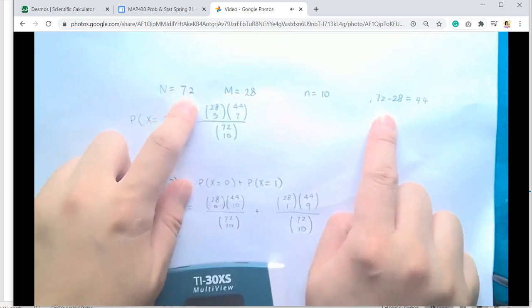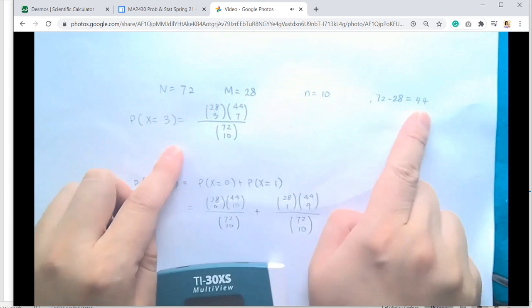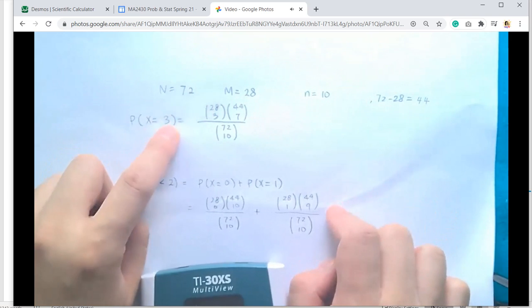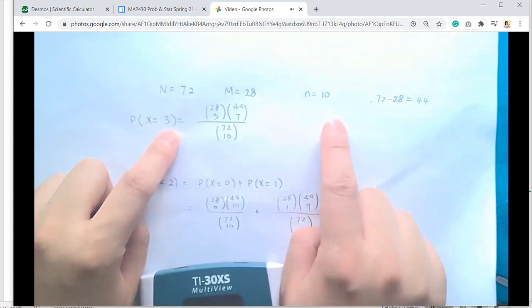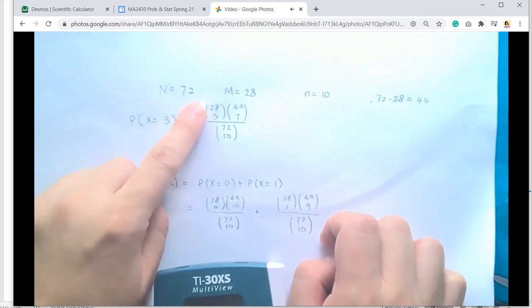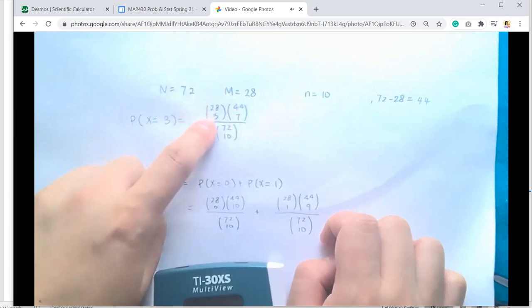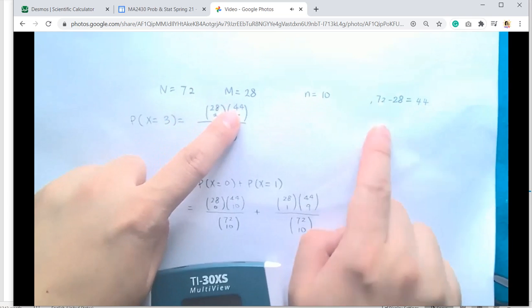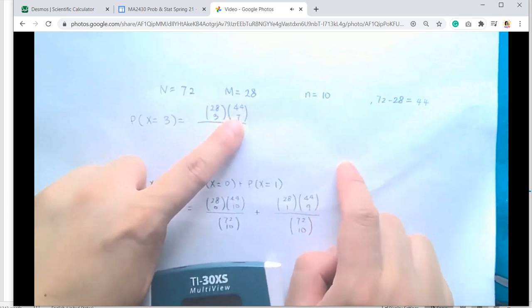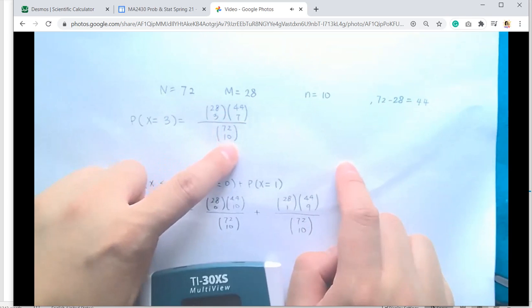Well, that's the total number of balls, 72 minus 28, which is 44. What is the probability that the 10 balls we pick, we get 3 of them is green? So that is 28 choose 3. So all of these are combination. 28 choose 3 times 44 blue balls, we choose 7. And then 72 balls, we choose 10.